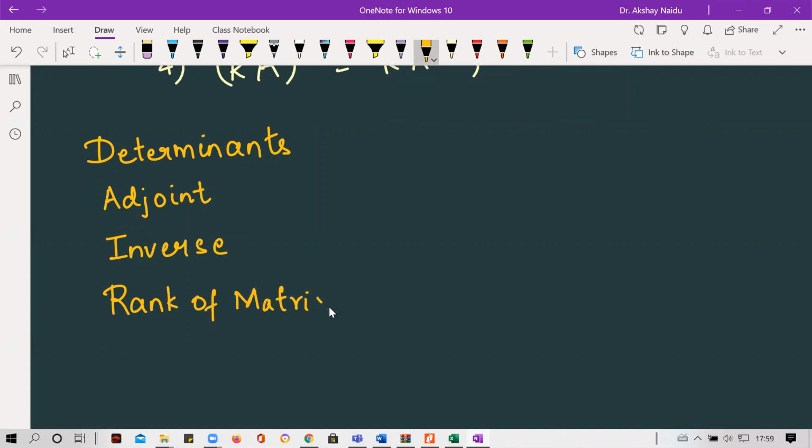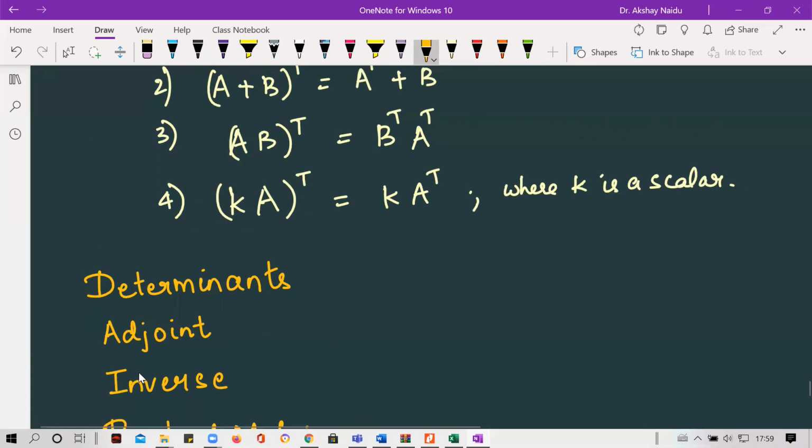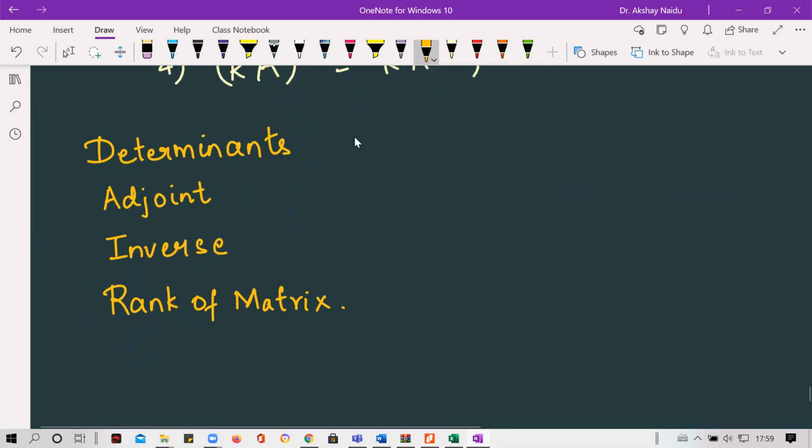After we discuss these, then we are prepared for entering into our main topic, that is simultaneous equations. So this will take considerable time, at least 1 hour, and the rank may take some time, and then we'll get into simultaneous equations.